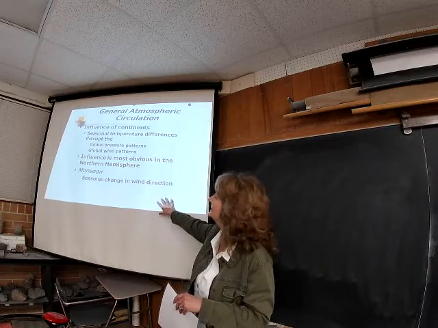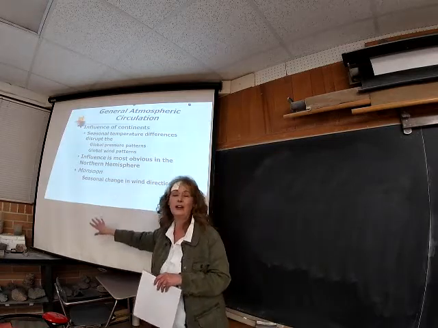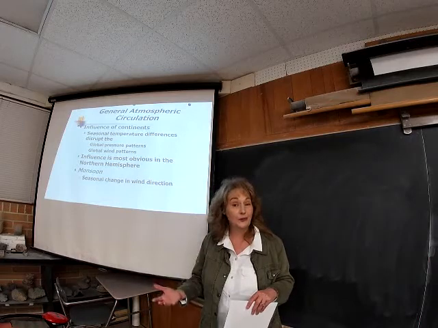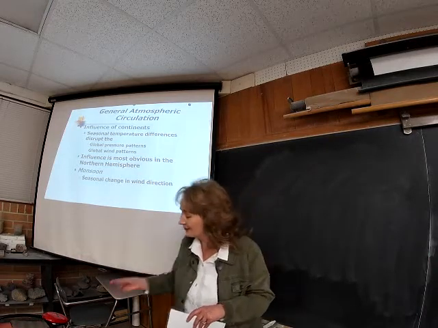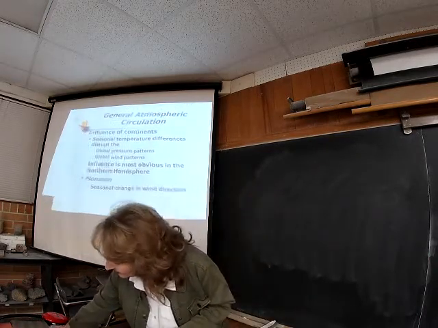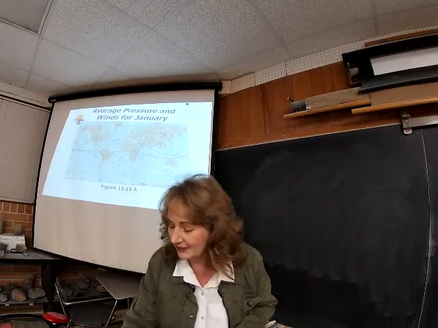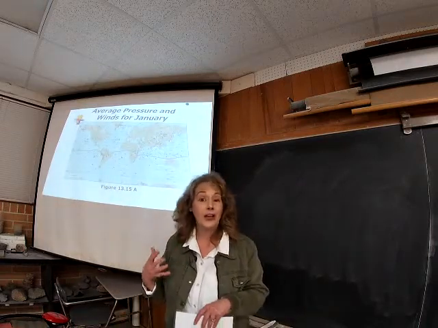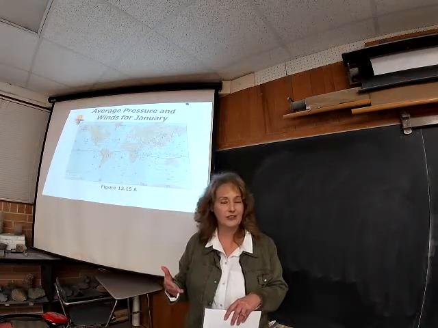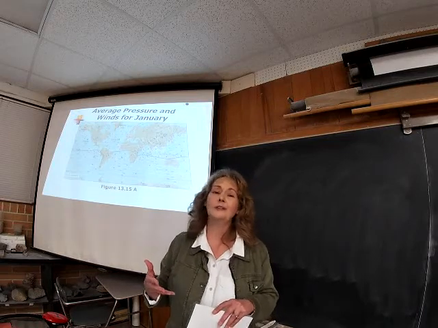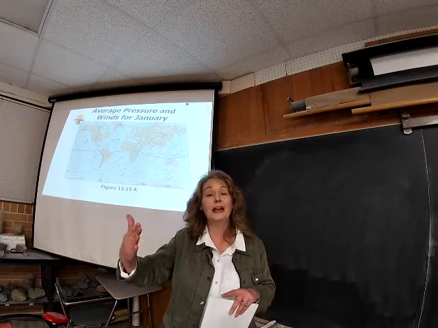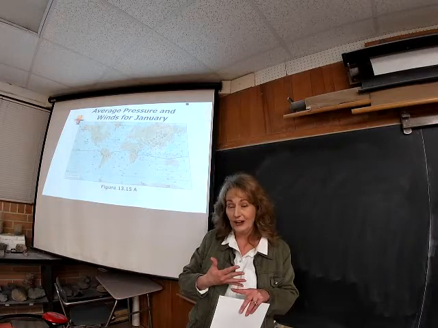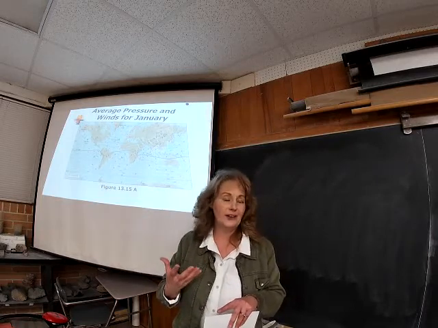But we have a seasonal change in wind direction called the monsoon. Let me see if they've got the picture of it. Well, here's a couple of pictures of it. A monsoon is a change in the wind direction. If you have the wind coming from the land out towards the water, that's going to be a drier scenario.